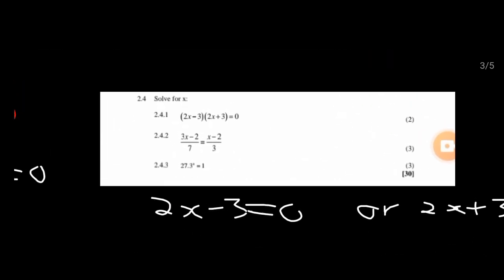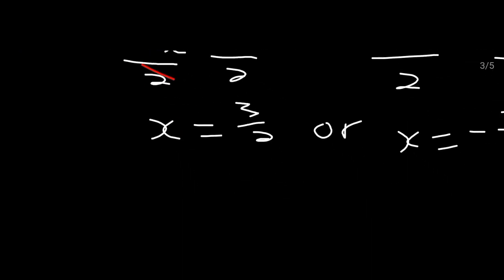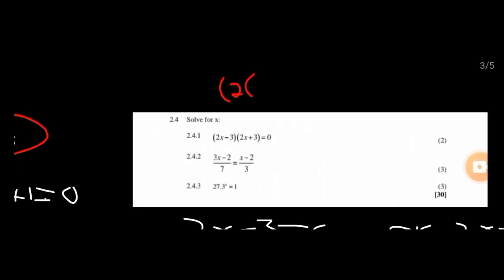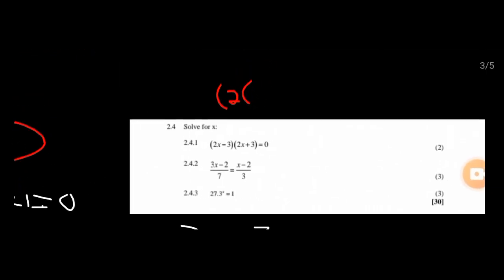You go and check your answer to see which one is correct. We take this first one, 3 over 2. Substitute where you see x. So you open the bracket, let me write it here: 2 multiplied by 3 over 2, because our answer is 3 over 2, then minus 3.